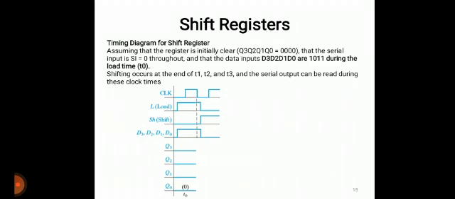Initially I'll take the data D3, D2, D1 and D0 as 1011. Hence Q3 will be 1, Q2 will be the previous data 0, then 1, and this is 1. During the load, it will be loaded.